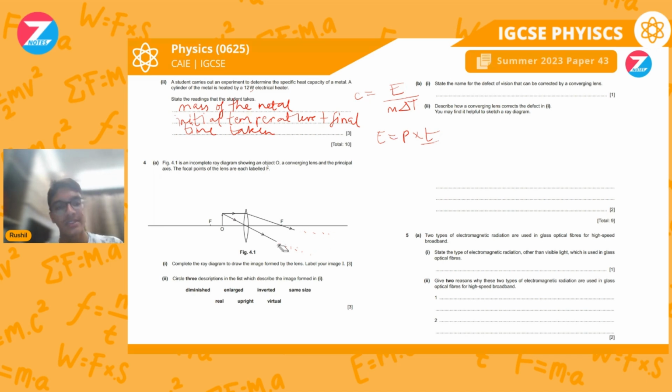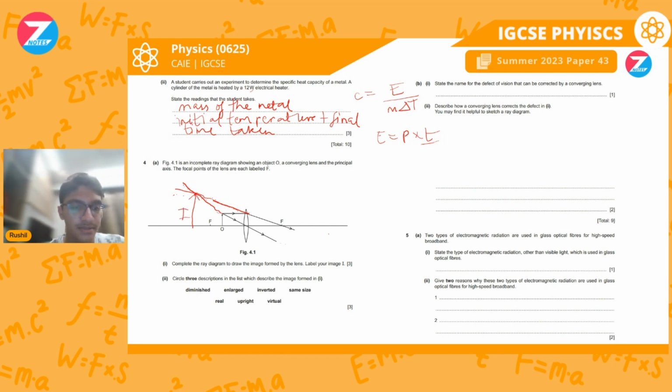So in such a case, we have to go back and retrace these lines as if they were originating from an imaginary point. So we actually have to draw solid lines or dotted lines, whatever you wish. So somewhere around here, these lines would intersect. So this would be the image I formed.